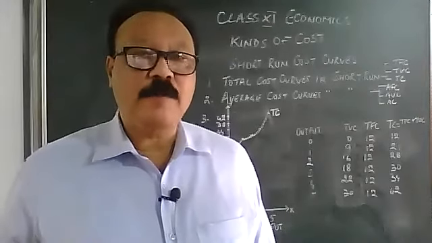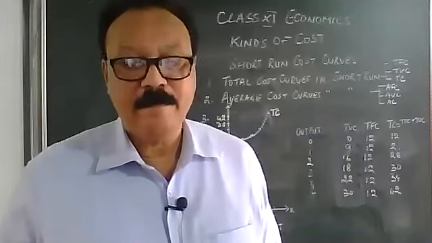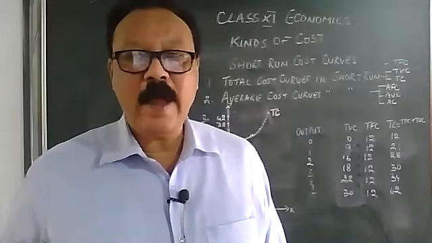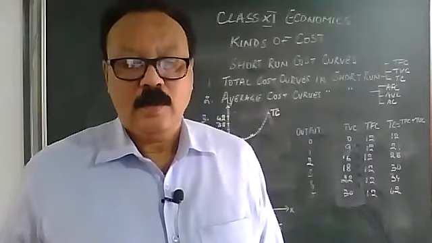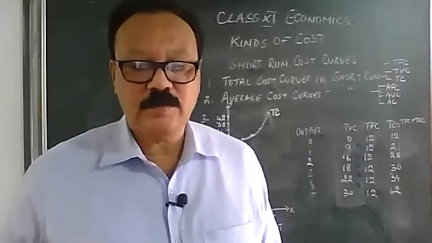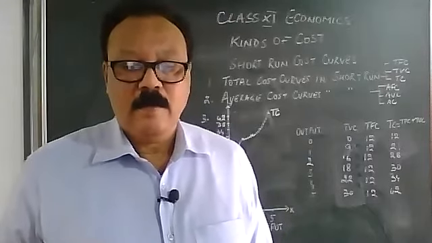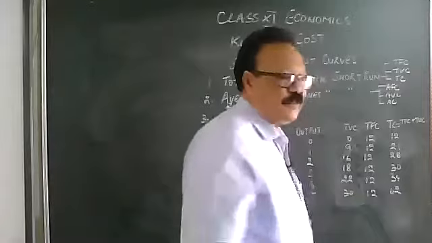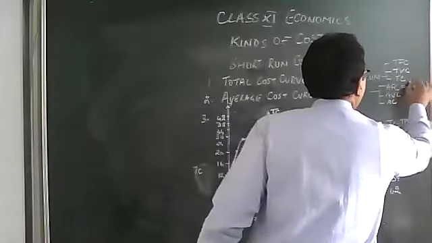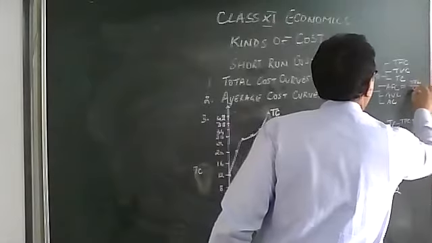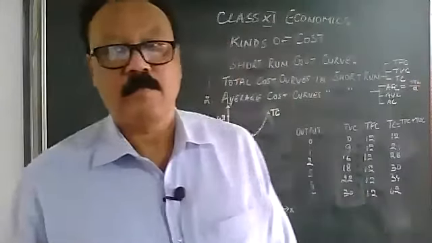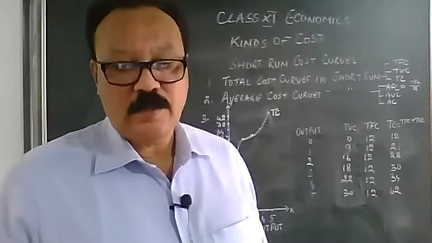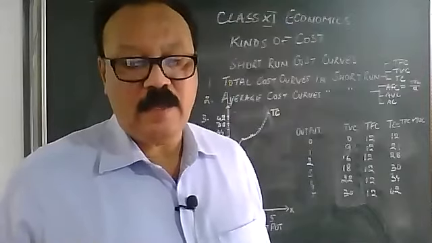It can be obtained by dividing total fixed cost by the quantity of output. So AFC is equal to TFC, total fixed cost, upon Q.